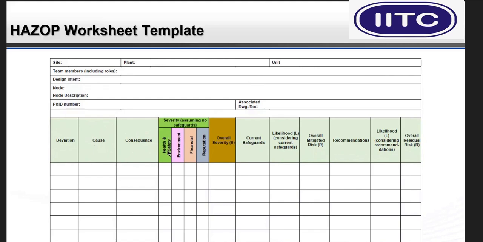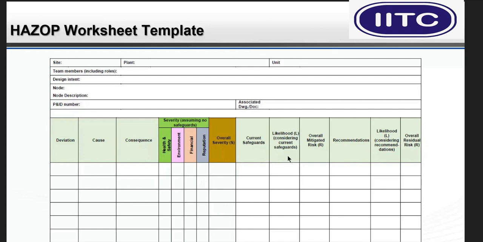After that, we will analyze the risk in terms of people, environment, asset, and reputation. We will follow the company risk matrix to identify the severity level, and we will brainstorm with the operation team and maintenance team. Here it will be the overall severity, which is the highest one. It will come over here. Then we will identify the current safeguards in terms of preventive barriers as well as mitigating barriers.